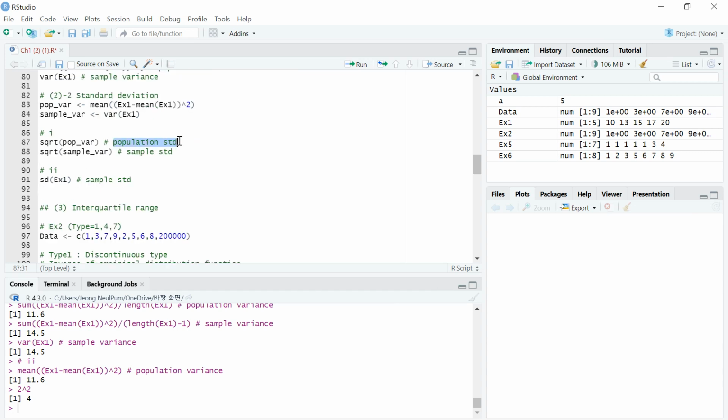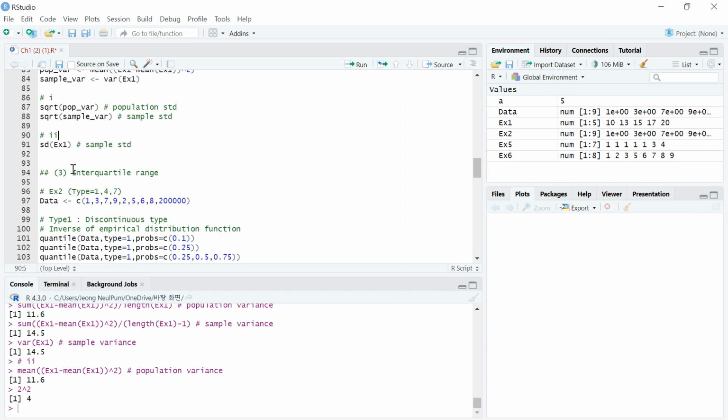For the population standard deviation, we get the square root of the population variance that we already stored in this line. And if we want the sample standard deviation, we take the square root of the sample variance that we stored in this line here.